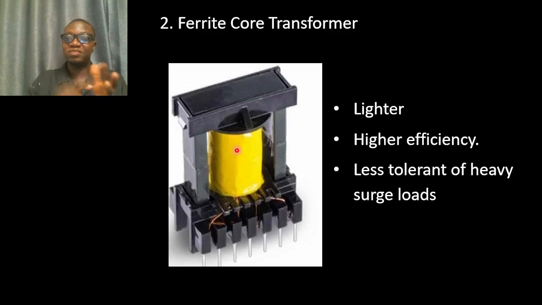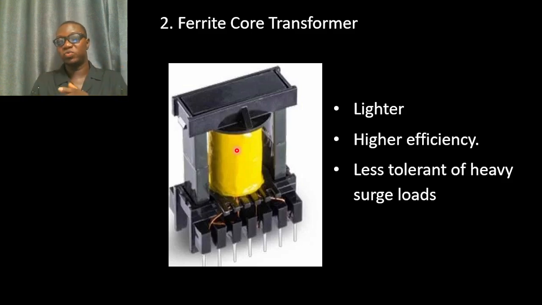So in all, the inverter will be very, very light, and the efficiency is higher than the iron core inverter, but it does not tolerate surge the way the iron core inverter does. It can easily get burnt. The kind of surge that the iron core will withstand, this ferrite core will sometimes not be able to withstand. So this is the category according to transformer.